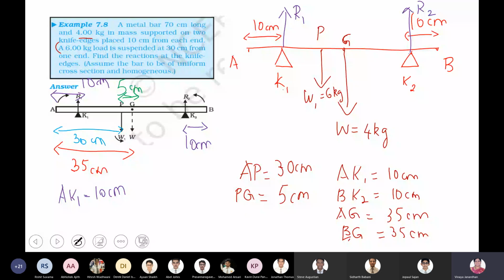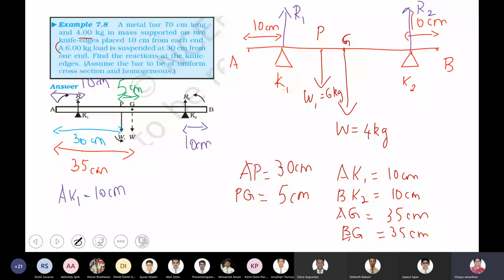Now the next part of the question is for Yusuf, Vishesh and Zuhair. Any three of you. Now tell me, there are a number of forces acting on the metallic rod.